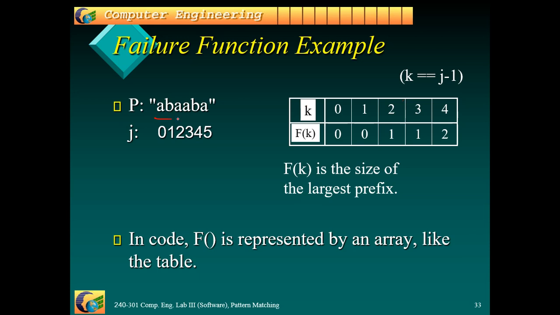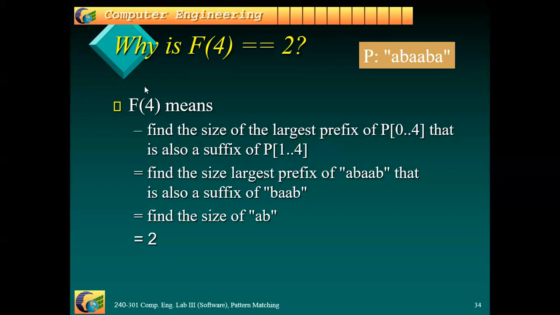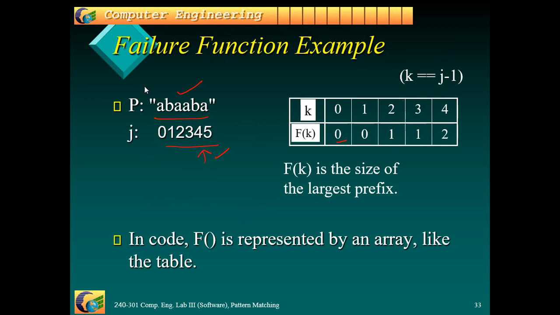For example, if you have a pattern like ababa, you need to first calculate the failure function value, which will be set to j. This failure function value is nothing but the largest prefix of your p of 0 to j minus 1, wherever there is a mismatch. When you start comparing your pattern with the text, wherever there is a mismatch, the mismatch value of j is taken in the pattern from 0 till j.